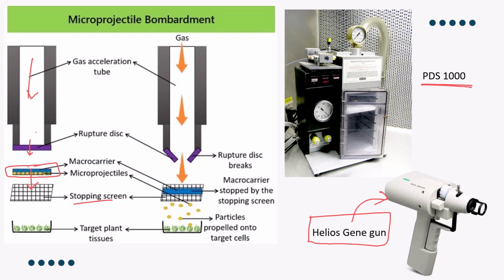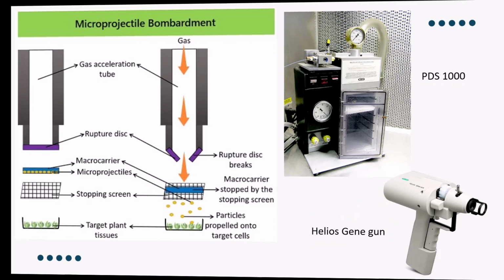But due to the pressure, the microprojectiles leave the macrocarrier and, with the help of that pressure, are shot into the cells. So the cells get transformed. The genetic material is incorporated into the cell, and transfection occurs. This is how microprojectile bombardment occurs.